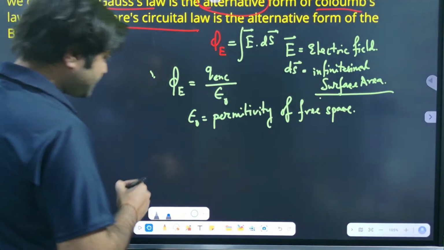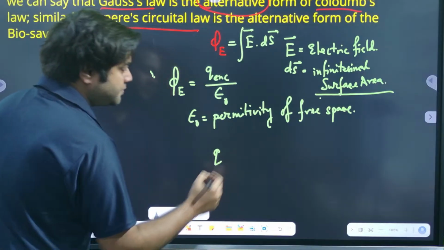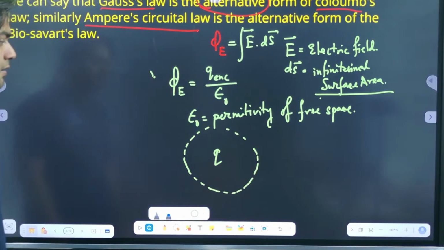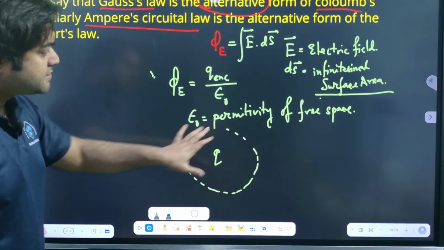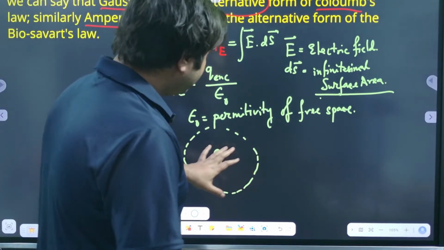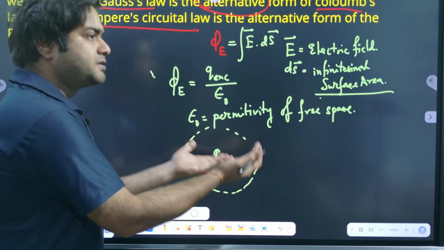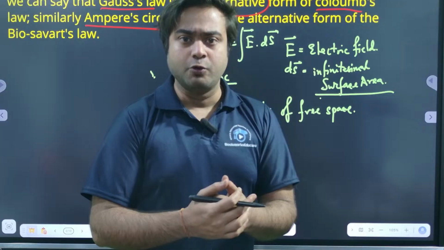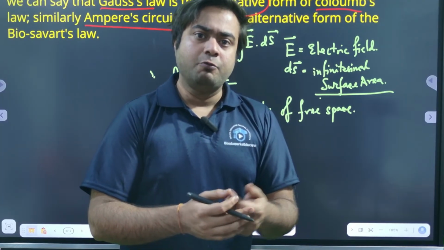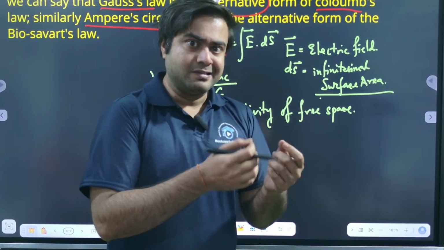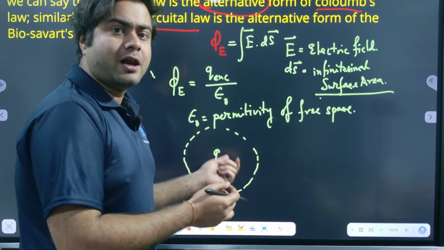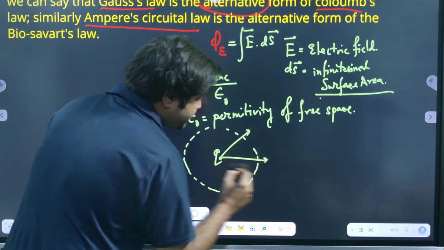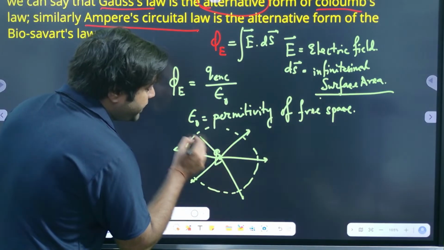The concept here is that if a charge Q is enclosed by a particular surface, this surface is known as the Gaussian surface. If this charge Q is uniformly distributed, as for a solid sphere, we can consider that the charge is localized at the center, and from this central part the electric lines of force are perpendicular to the surface.